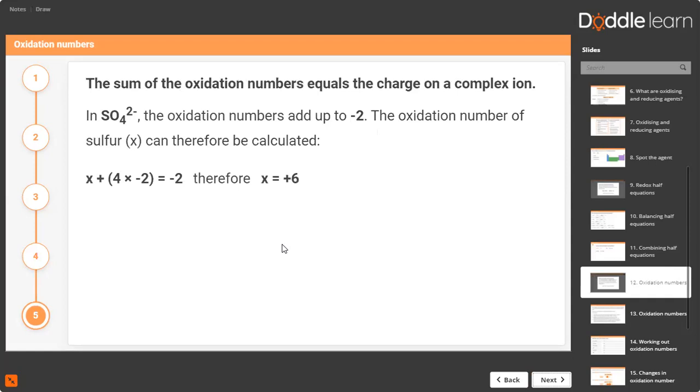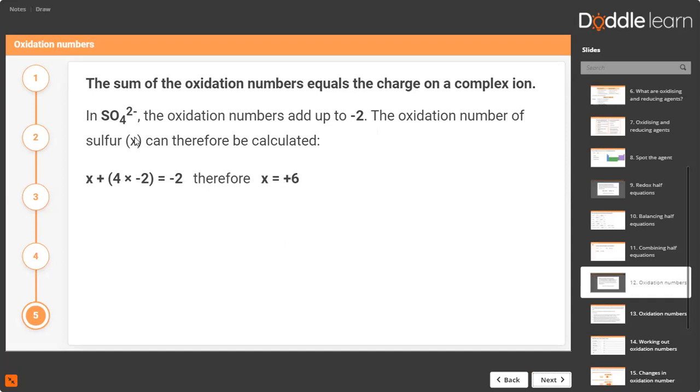So the sum of the oxidation numbers equals the charge on a complex ion. So this is the important bit. So in SO4 2-, the oxidation numbers add up to -2. So the oxidation number of sulfur can therefore be calculated. And so we just use a bit of algebra like we've got here.